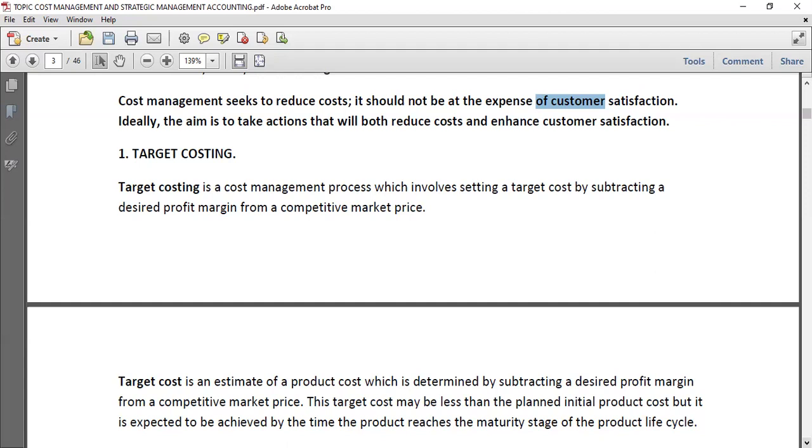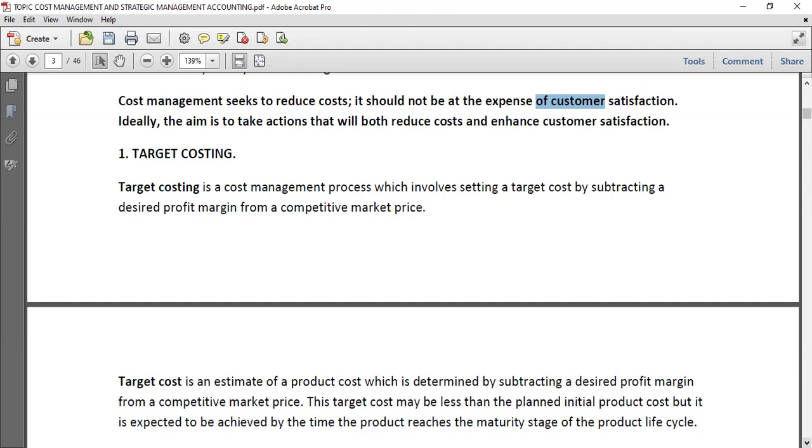So once we have understood how much we can sell this product, we now do what? We now determine how much we want to make on this product, okay? So that is the first step, determining the price. The next one is how much we actually want to make of this product. So if, for example, the price is, let's say, maybe 5,000, okay?